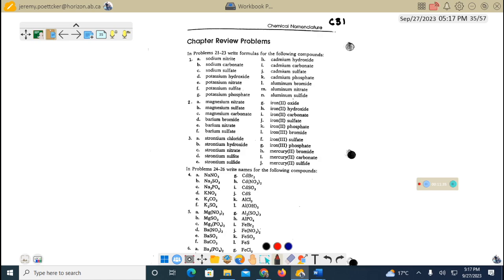Right, so we've got cadmium hydroxide is Cd(OH)2. Cadmium phosphate, Cd3(PO4)2. Aluminum nitrate, Al and then (NO3)3 in brackets.